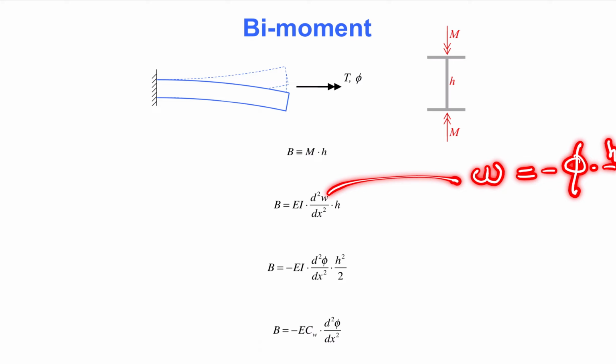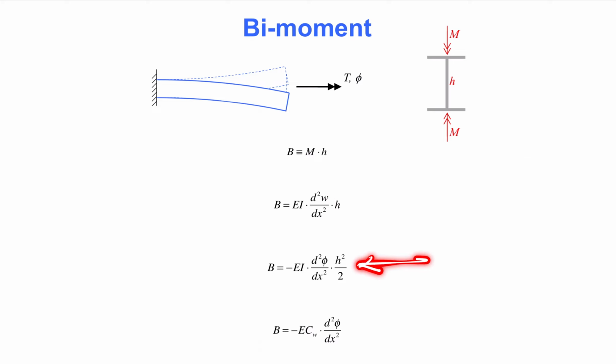That gives the expression for the bi moment shown here. Finally, we introduce the definition of the cross-section constant Cw that we introduced earlier. The final result is shown at the bottom of this slide. This is another general equation in warping torsion theory that we take note of. The bi moment is the warping stiffness times the second-order derivative of the torsional rotation.